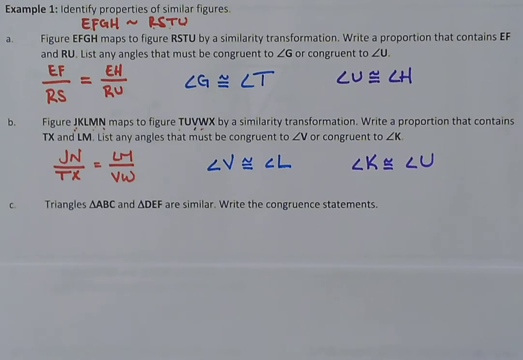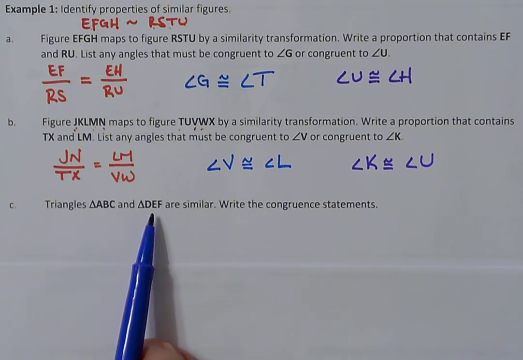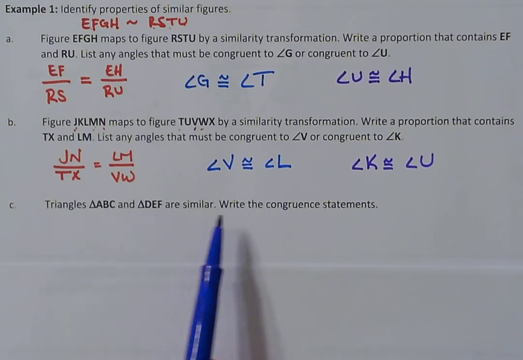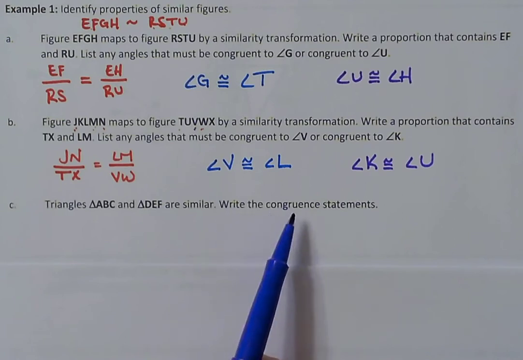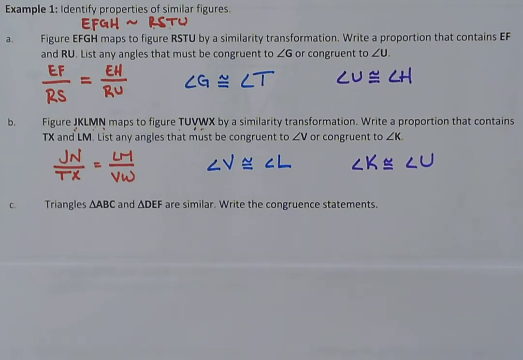Now for C, it states that triangles ABC and DEF are similar. They want us to go through and write the congruent statements. Congruent statements means that they have to be congruent to each other.